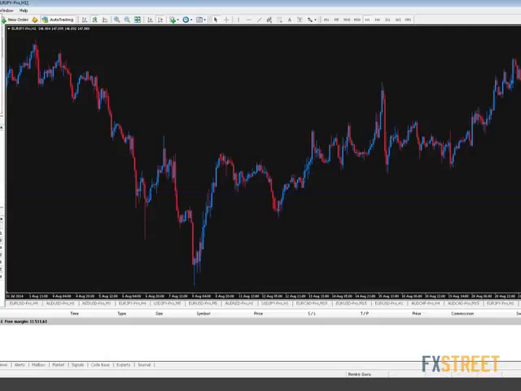So we go Insert, Fibonacci, Expansion. Point A to point B. Look, this is point A to point B. And look, this is point C.